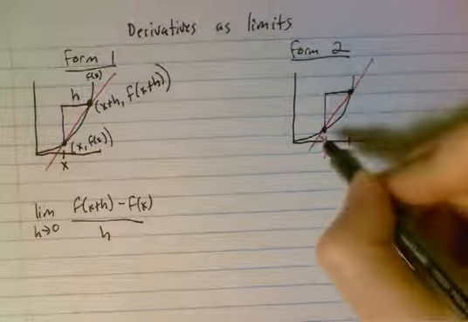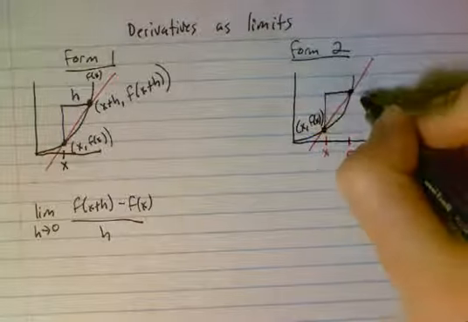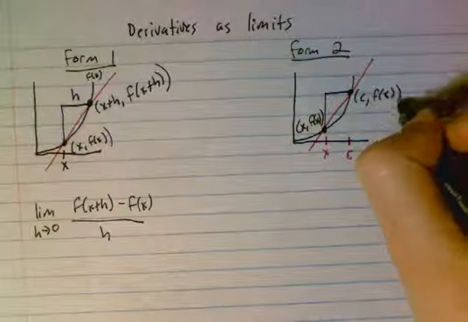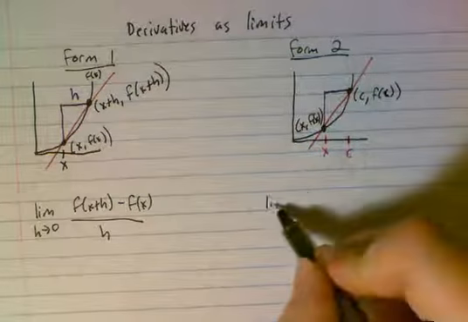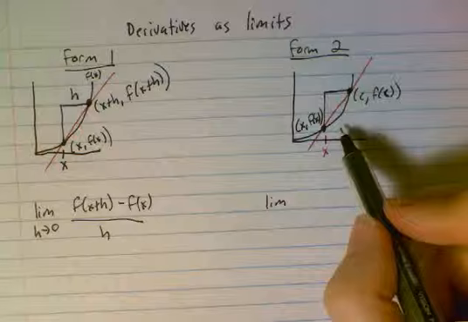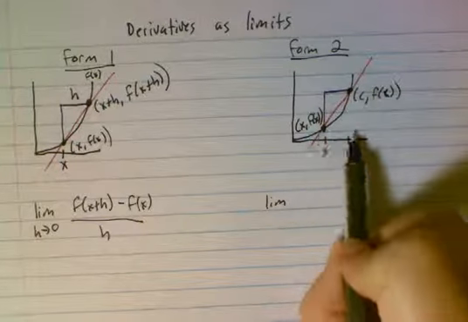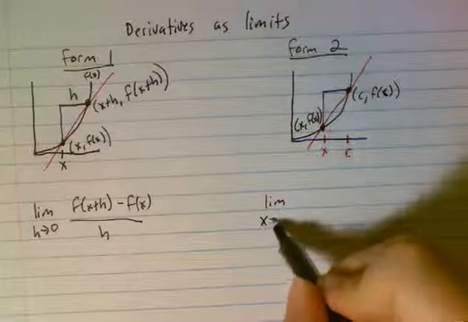But this point right here, this is x comma f of x. And this point here is c comma f of c. It's 2 different variables. And so when we're finding this, we've got the limit, not as h, there's no h, this distance isn't labeled like it was before, but simply as x approaches c, as x gets, and this dot moves closer and closer to that one.